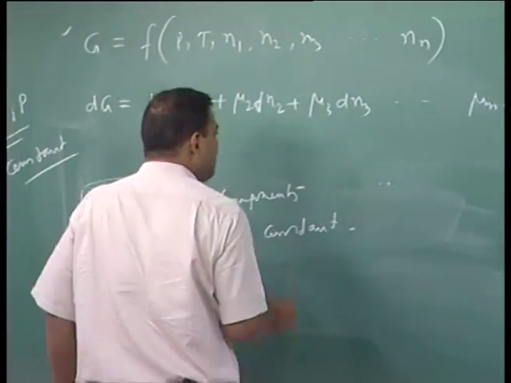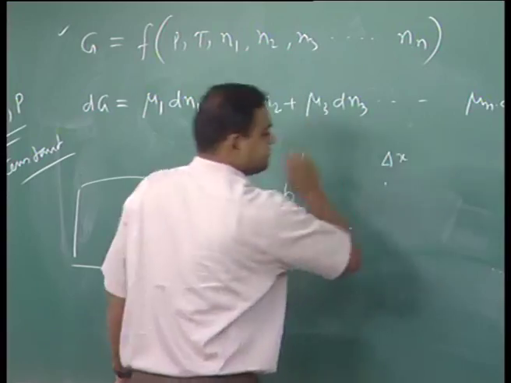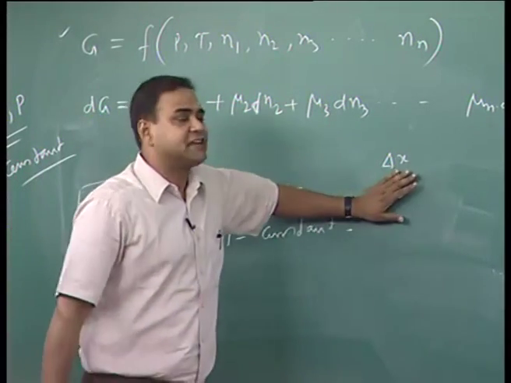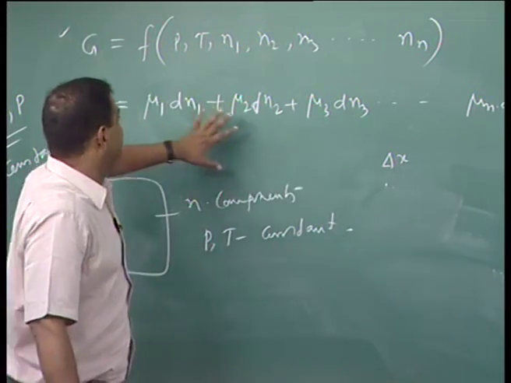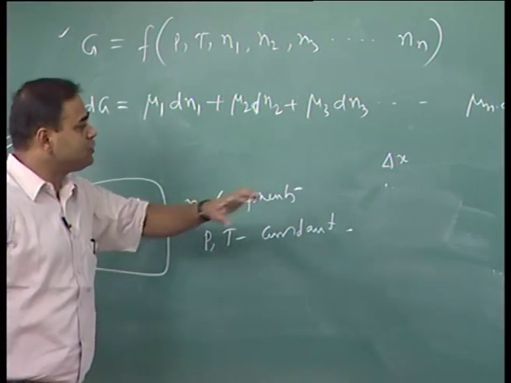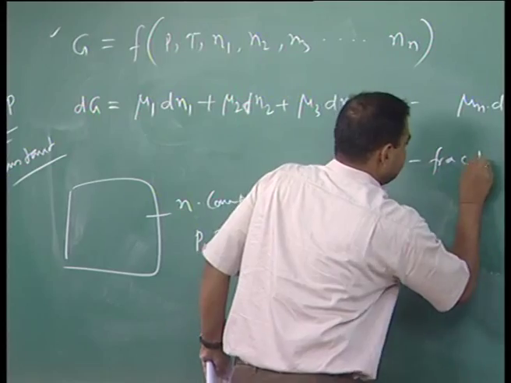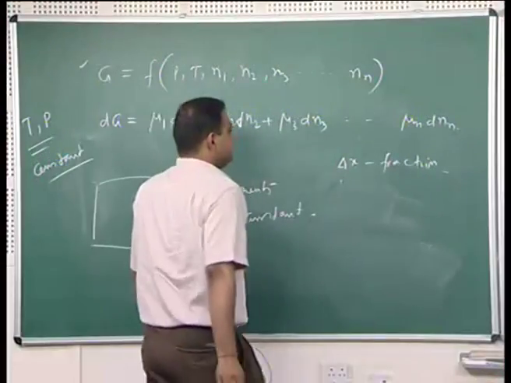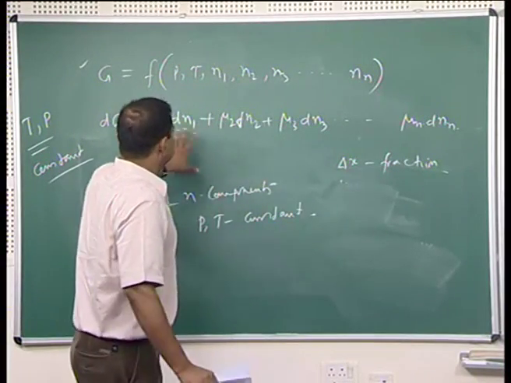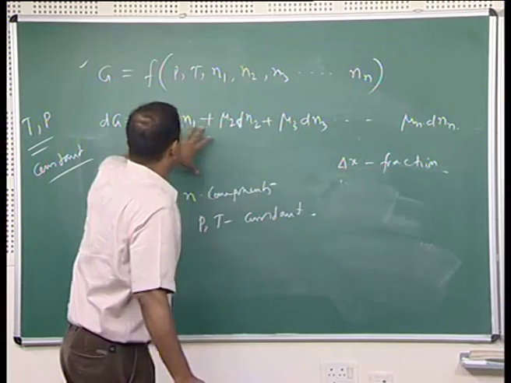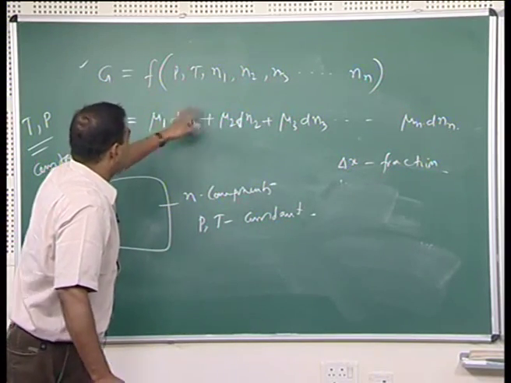Let us say that small fraction of change is del x, or del x fraction mole is changing in every component. This fraction dx is going to change in all the components.